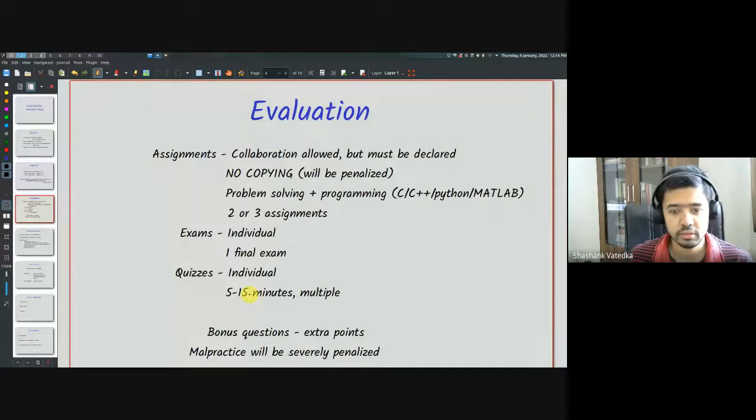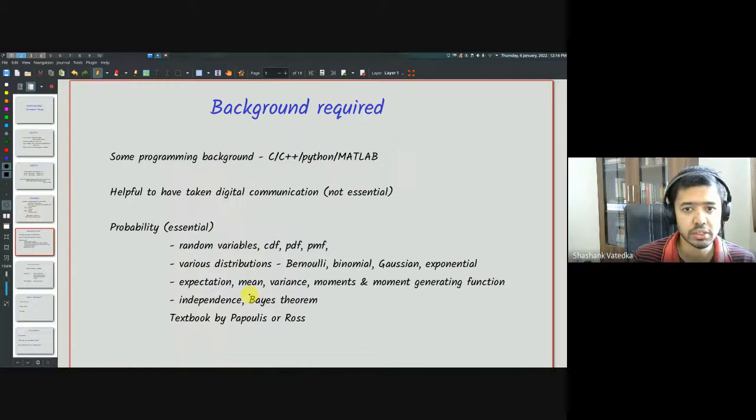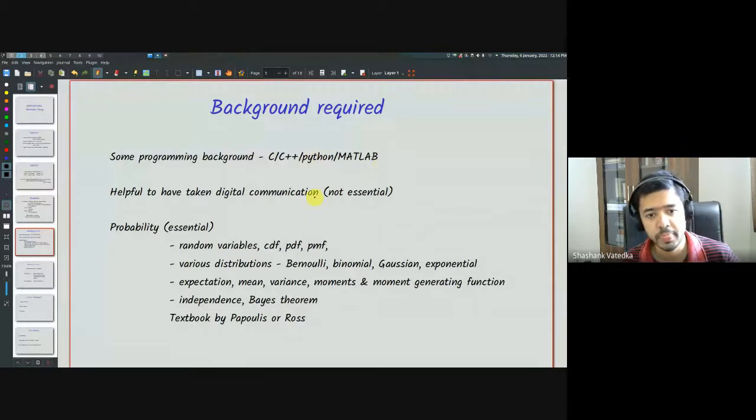So that's regarding evaluation. And I am assuming that you have the following background. You should be comfortable with some level of programming. I don't require you to know too much. You don't have to be an expert, but at least basic programming in one of these four languages is required.